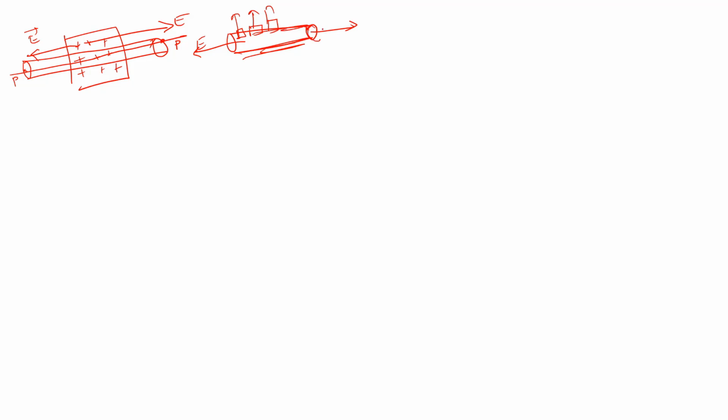Only these surfaces will contribute, circular surfaces. So electric field due to these surfaces will be E dot A plus E dot A, and due to curved surface it is 0. So it is Q enclosed upon epsilon naught. So 2EA is equal to Q enclosed.